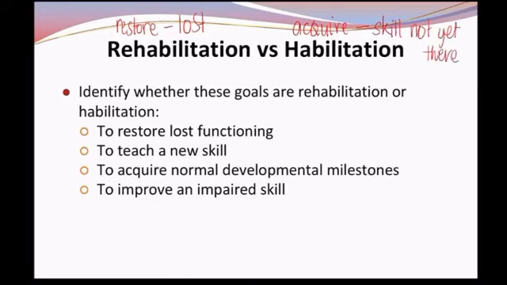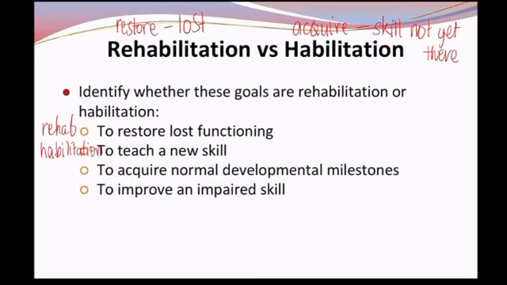So let's identify these goals. To restore lost functioning, this is rehab or rehabilitation. When we teach a new skill to a patient, this is habilitation.